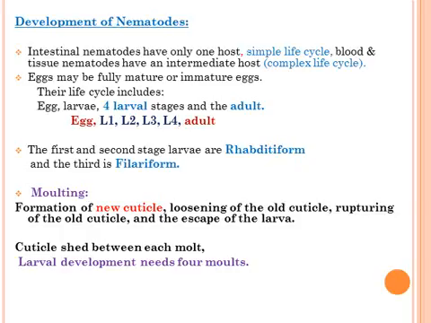About the growth or development of nematodes, the intestinal nematodes have only one host, meaning the life cycle is simple. Some of the stages are found in the human and others in the environment. While the blood and tissue nematodes have two hosts, an intermediate host, and the life cycle is complex because it needs two hosts.